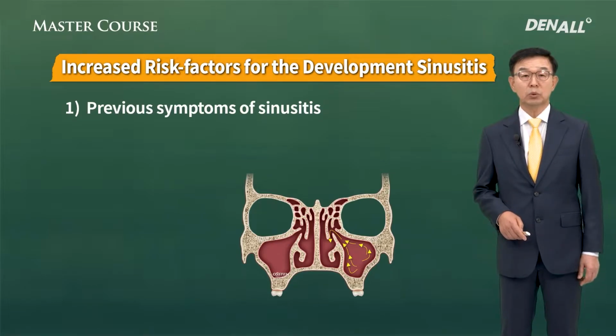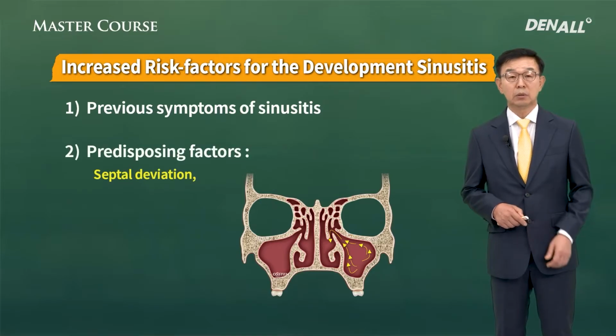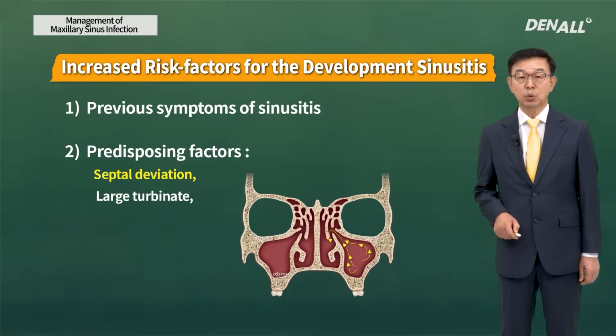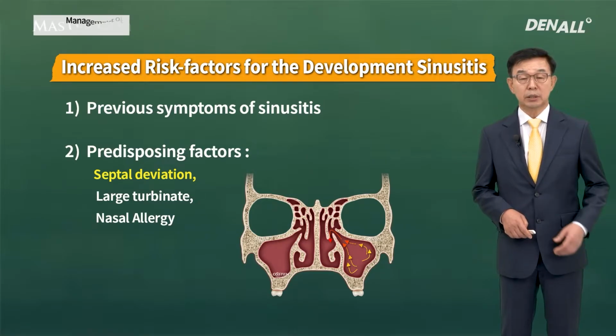It can also occur due to insufficient drainage due to septal deviation or enlarged turbinate. If the patient has severe rhinitis, drainage can also be insufficient, and this can also lead to frequent sinusitis.